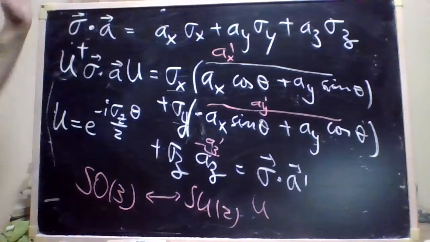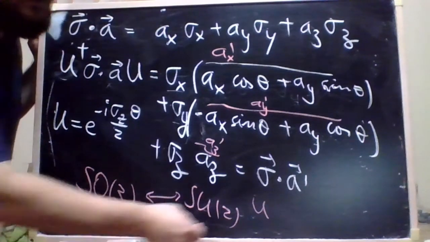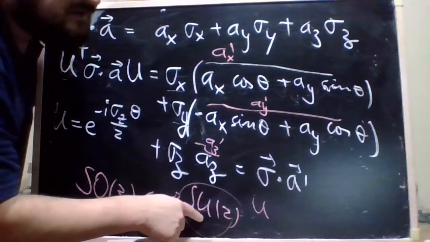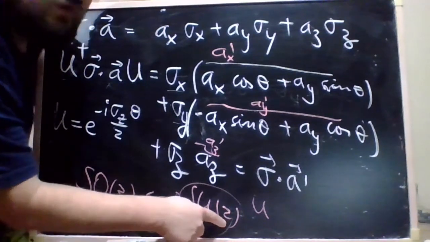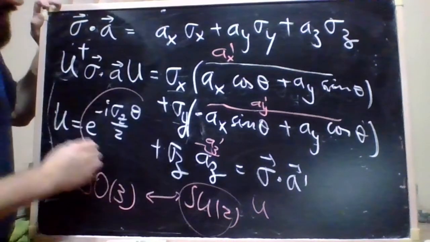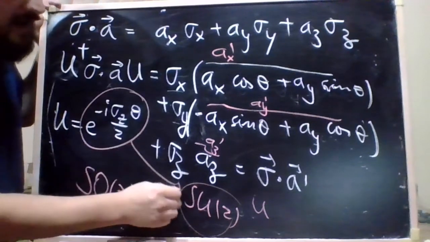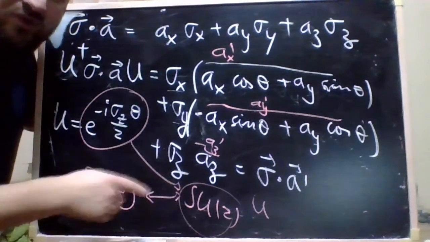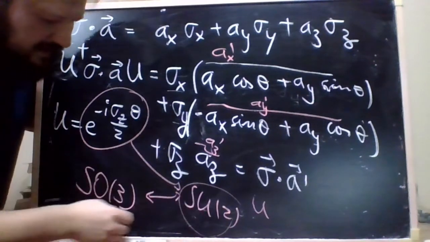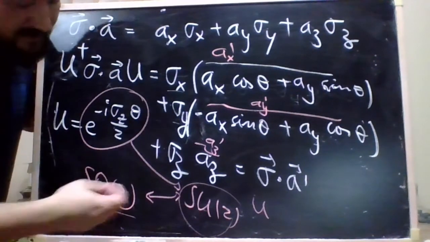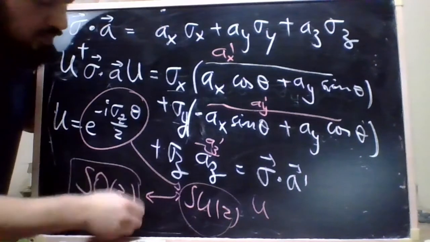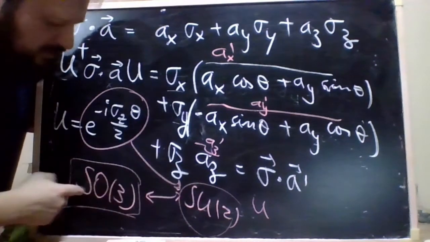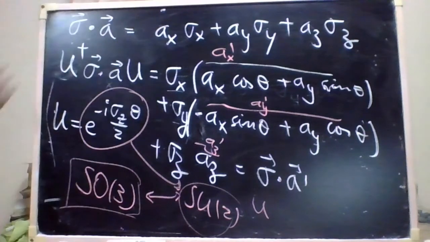But apart from that, this group here, which is the SU2, the special unitary group of dimension 2, these matrices are the SU2 matrices. They can do the job for representing rotations in 3 dimensions, with more things in there also.